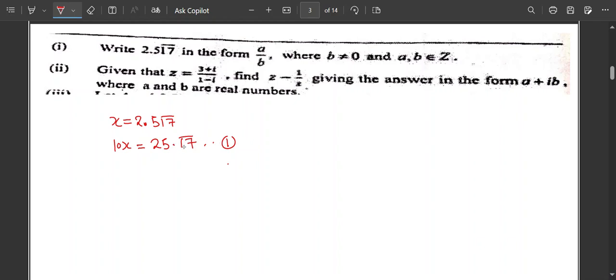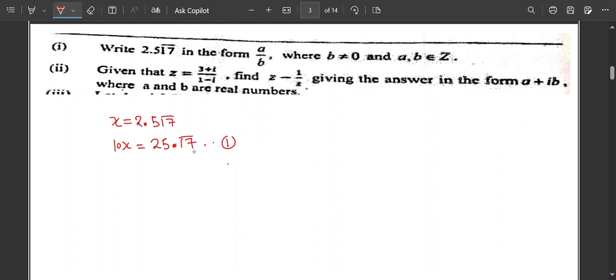Now the remaining thing is to take the repeating part to the other side as well, so that we can have something on the left from the bar. So we multiply this equation by 100, so that this point can come there. Remember, they were 17, 17, so it will just come here as a point.